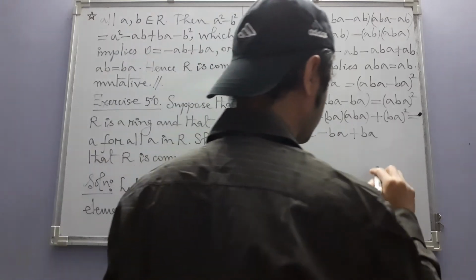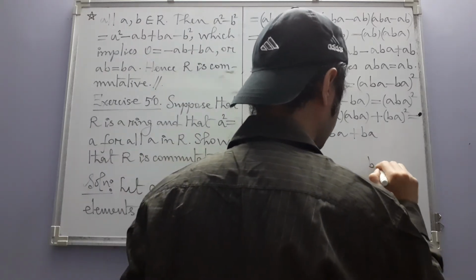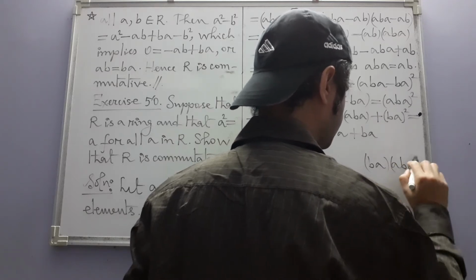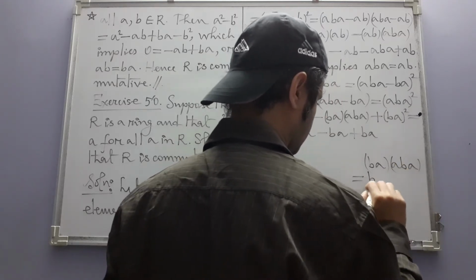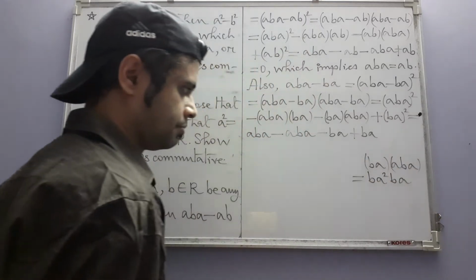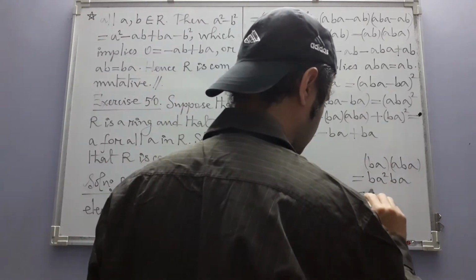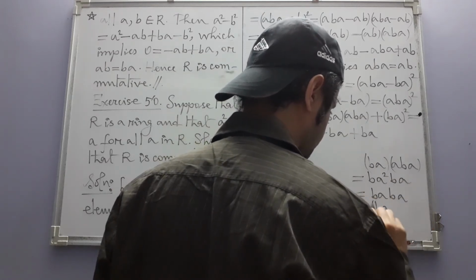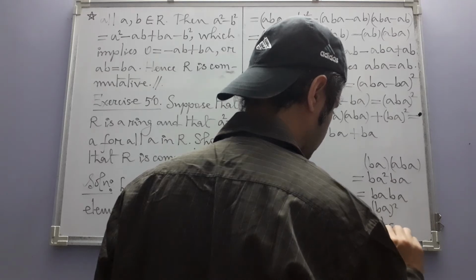Let me just show this calculation myself below. BA square BA, okay, so this becomes BA, which is BA whole square, that is BA.